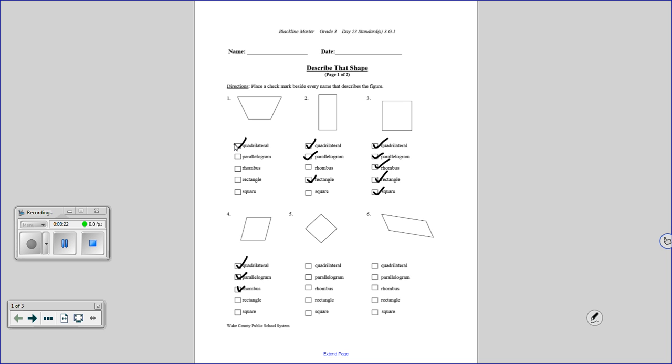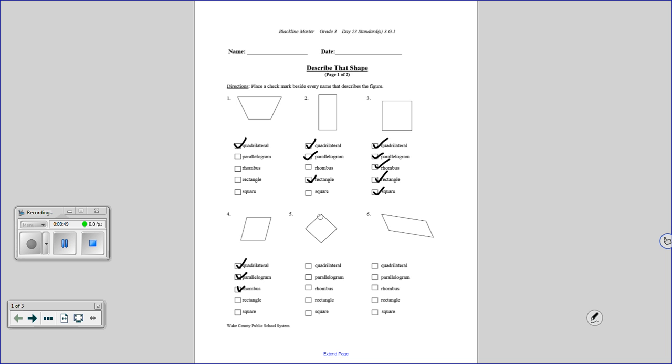No. That is not a square. This special version right here of a rhombus I can call a square. But this regular rhombus is not a square. Isn't that tricky? Sabrina? So it can't be called a rectangle. It cannot be called a rectangle either because we're missing those square corners.